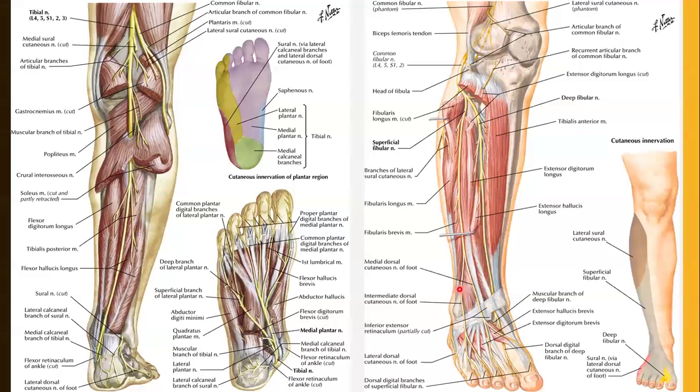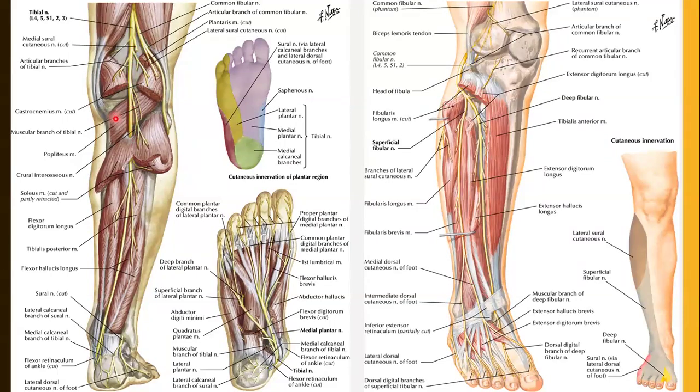Now let's look at this. So this shows you the tibial nerve as it comes from the sciatic nerve. I told you it's the straighter, bigger one, traversing the popliteal fossa.